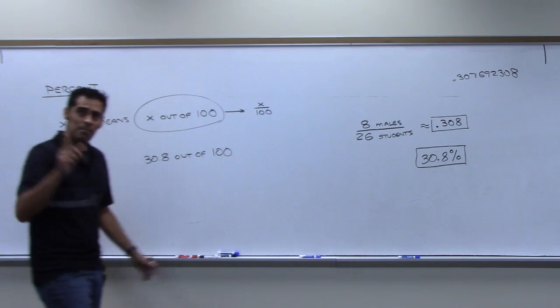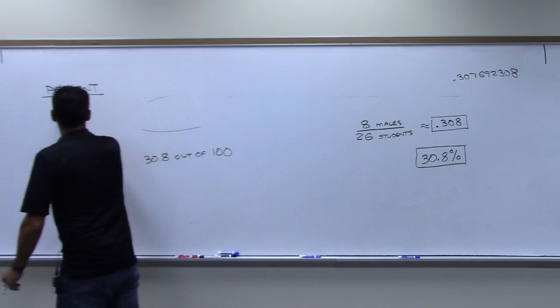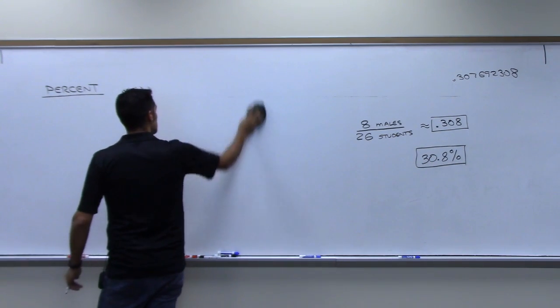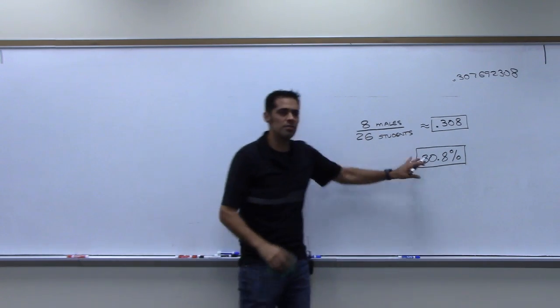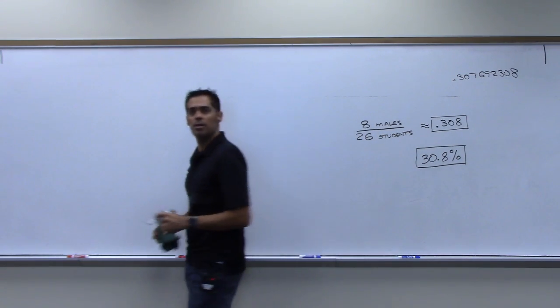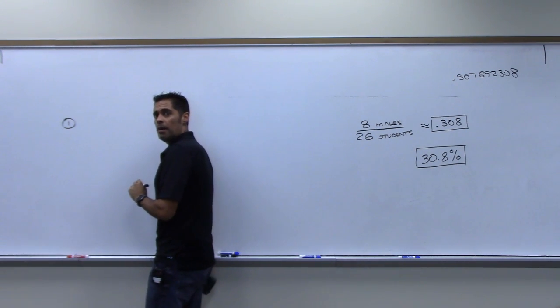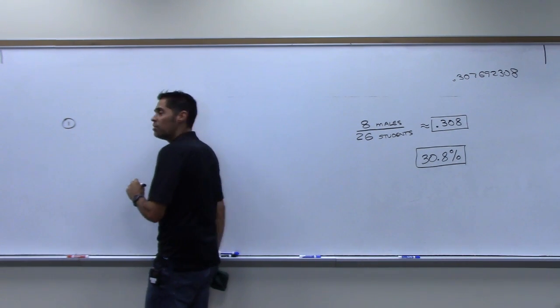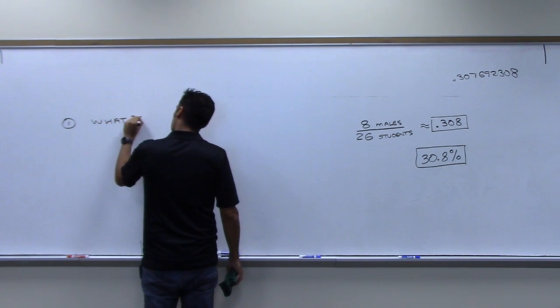Now, the problems that we have up here are little small word problems where we want to find relationships between numbers. Just like we found a relationship between these numbers and we found a percentage, we want to do that with these little short problems. So, what percent of 200 is 21?